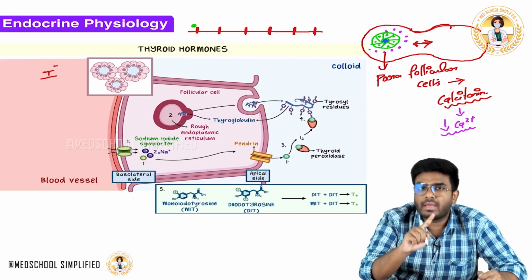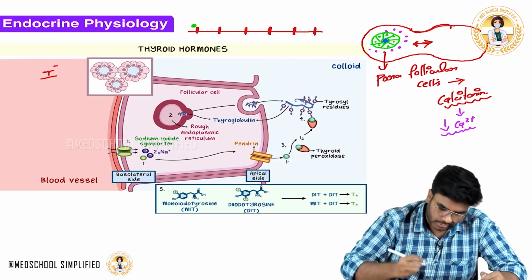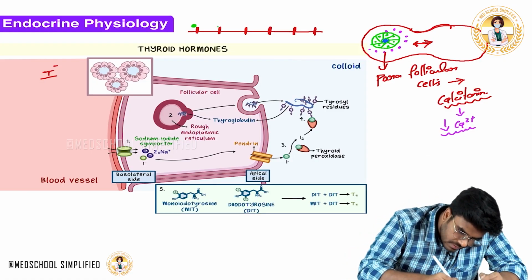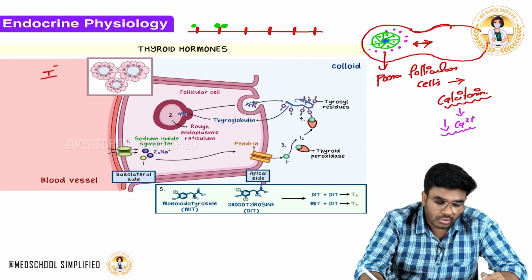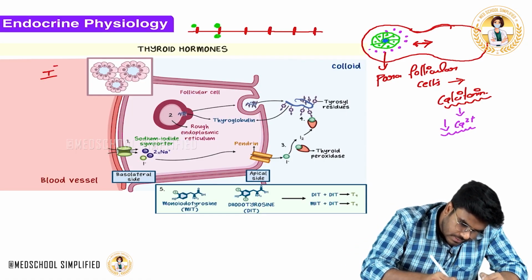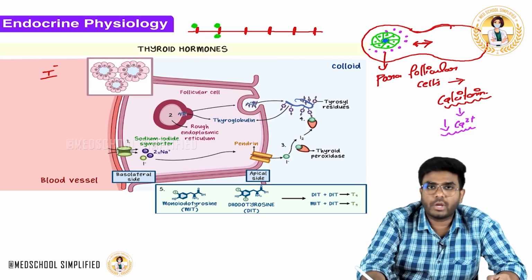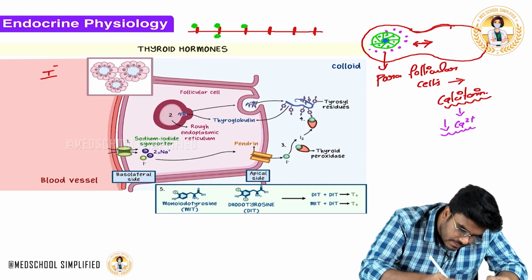Mono means one, iodo means one iodine is getting onto the tyrosine. So, monoiodotyrosine. Now on this tyrosine residue, two iodines are coming and sitting. This is called diiodotyrosine. So monoiodotyrosine is there, diiodotyrosine is there. Now here also, you should tell me what this is.